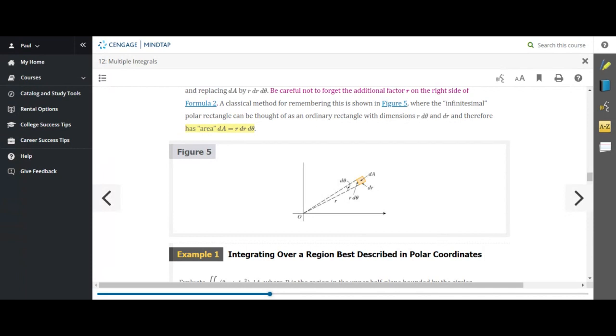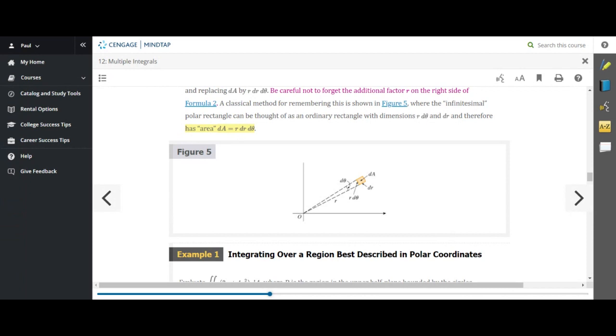So what happens is the area of the polar subrectangle, basically the dA part: the change in radius is dr, or delta r, and d theta is your change in angle.